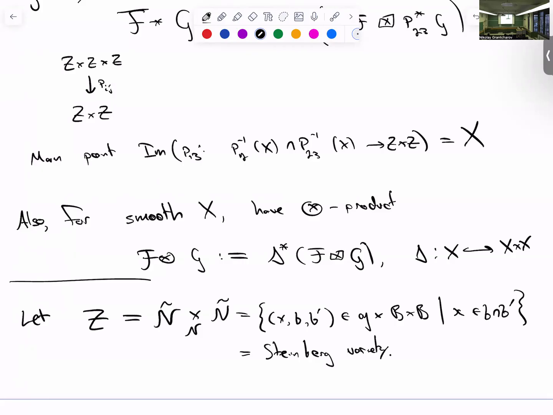And just as an aside, in the second half, we're going to work everything derived. This is not the correct object to look at. In that case, the fiber product would be over G, not N.